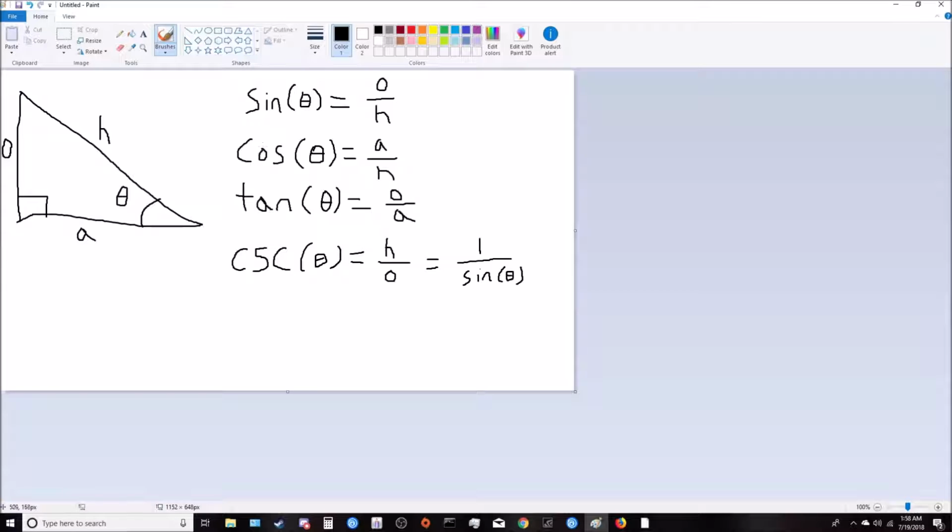So the cofunction of cosine then being secant, abbreviated as such. And that's equal to, as you could probably guess, hypotenuse over adjacent, or 1 over cosine theta.